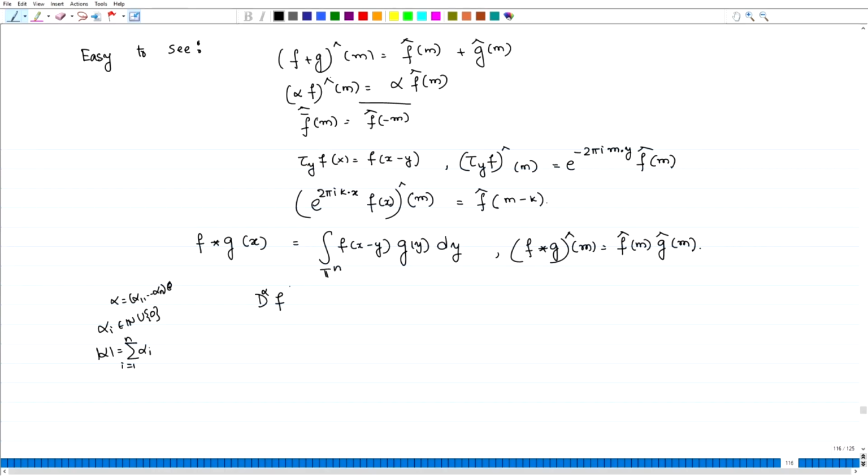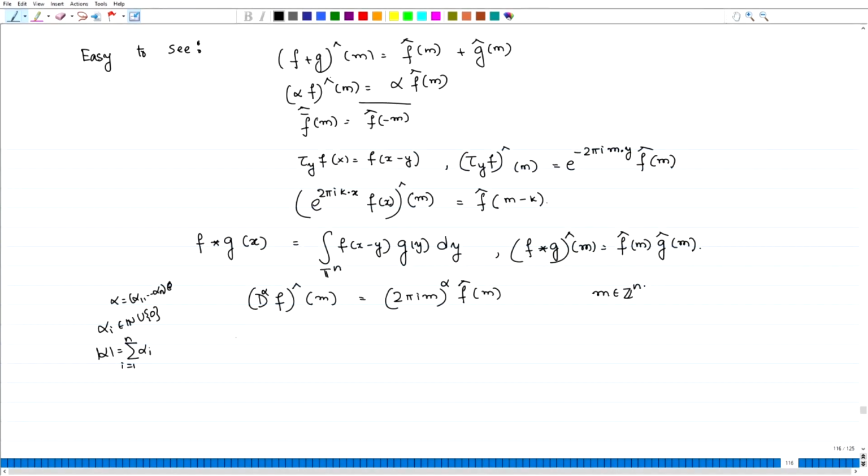We have introduced this notion before. Now, if I take the Fourier transform, where m is in Z^n, we get (2 pi i m) to the power alpha times f hat of m for m varying over Z^n. We know that m to the power alpha means m1 to the power alpha1, m2 to the power alpha2, up to mn to the power alpha n.